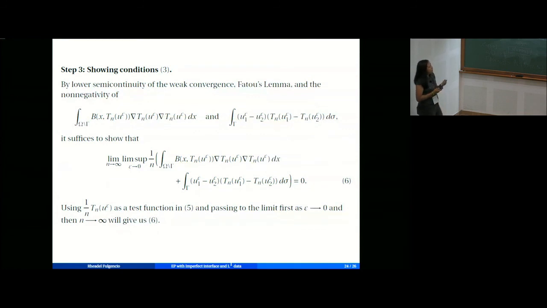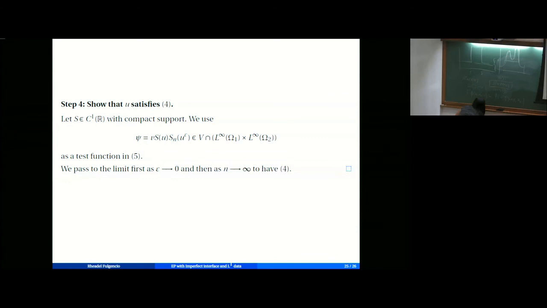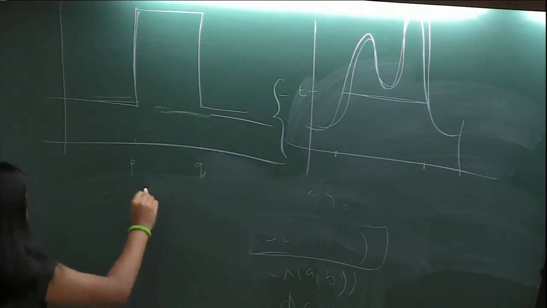So finally, we have step 4, which is to show the renormalized formulation. And we can do this by using Vs of U, Sn, which is just the plateau function.